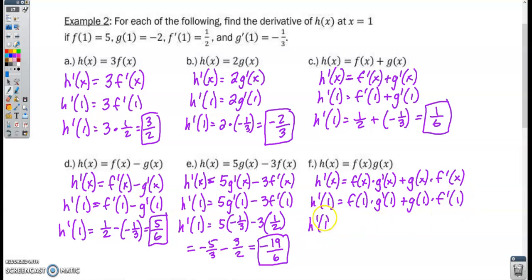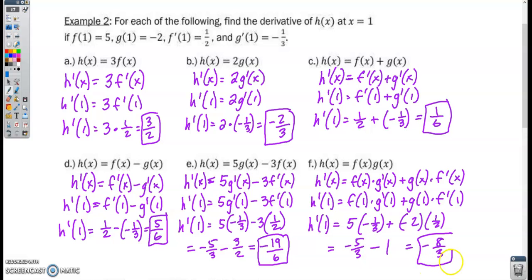And so we've got, let's see, f of 1 is 5, g prime of 1 is -1/3, g of 1 is -2, f prime of 1 is 1/2, and so that turns into -5/3 minus 1, or -8/3.